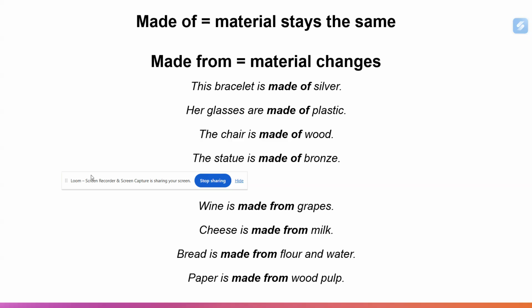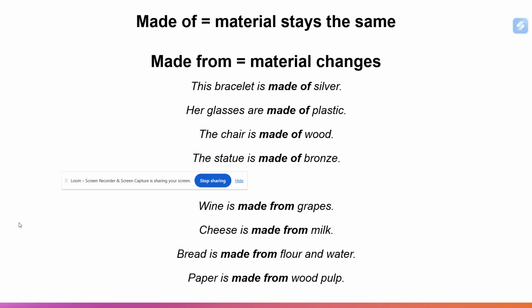Okay, you cannot see milk in cheese. You cannot see flour and water in bread, although it's made from them. The ingredients are flour and water, but you can't see them, and so on. Okay, so we have made of and made from.